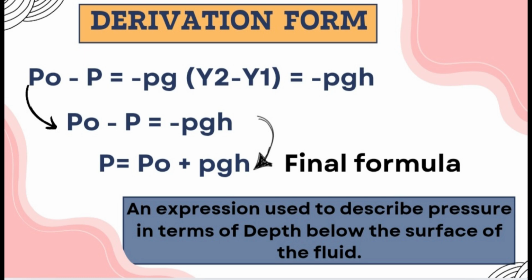Lastly, rearranging the equation yields the final form: pressure equivalent to P sub naught plus density times gravity times height. This formula illustrates that the pressure at a given depth is the sum of the surface pressure and the pressure due to the weight of the fluid column above it.